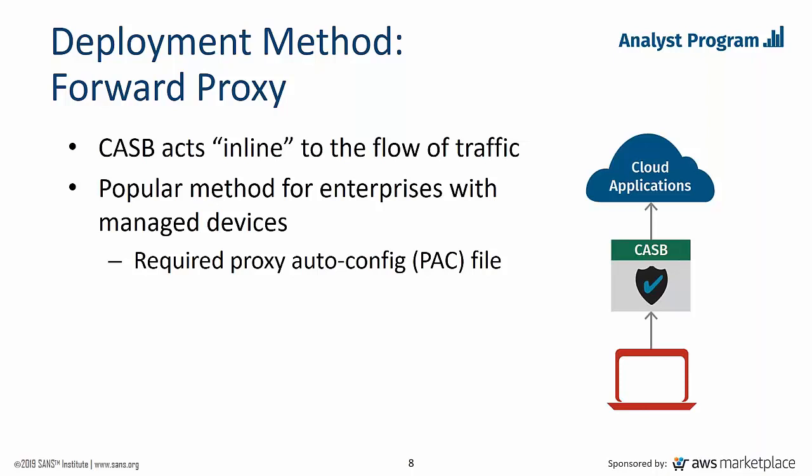So we could put the CASB in line to analyze the traffic going to and from our cloud applications and our infrastructure as a service providers. Now, this may take some planning because you certainly do have to push configurations out. However, a lot of the documented CASBs out there will show you that this allows you to be more feature-rich and leverage most of the capabilities they offer.